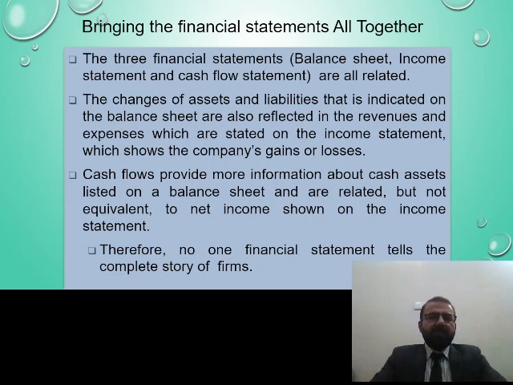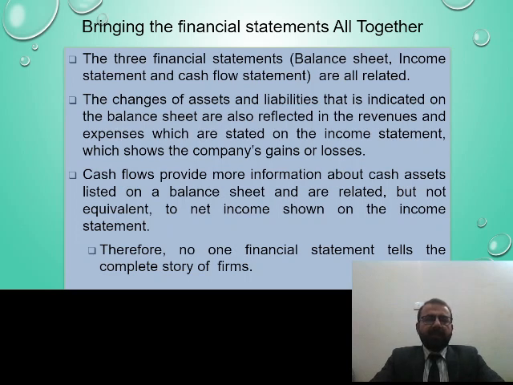Bringing the financial statements all together. The three financial statements, which are the balance sheet, income statement, and cash flow statement, are all related. The changes of assets and liabilities that are indicated on the balance sheet are also reflected in the revenues and expenses which are stated on the income statement, which shows the company's gains and losses.